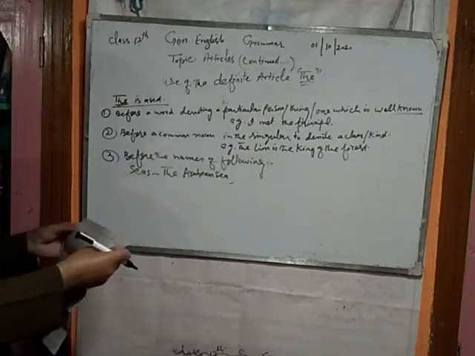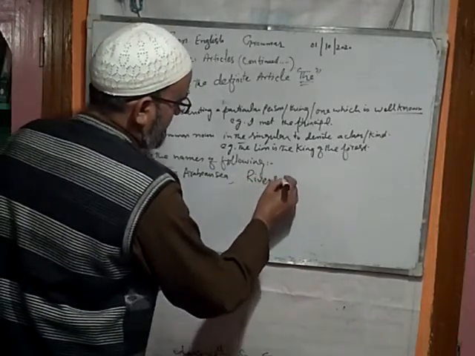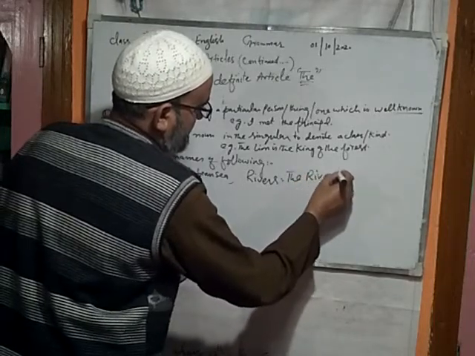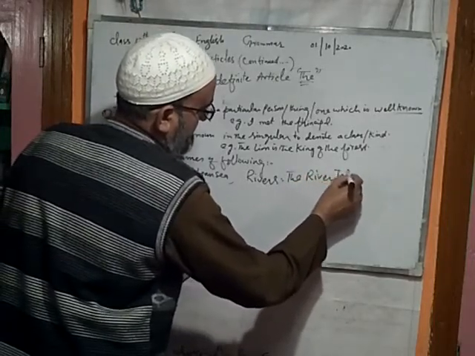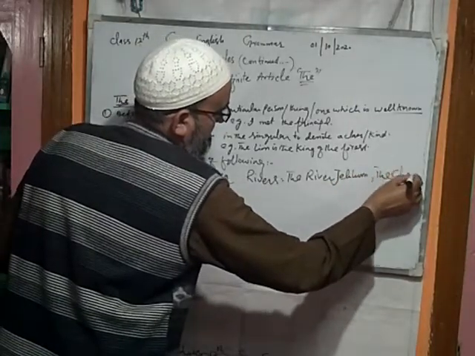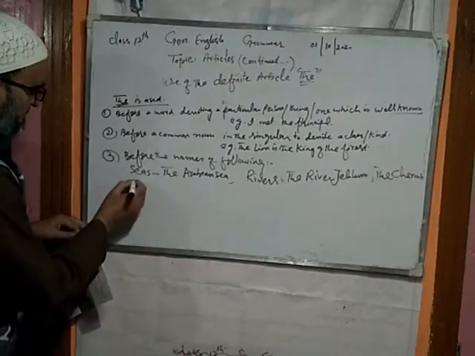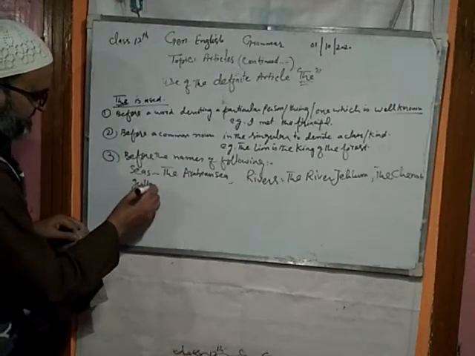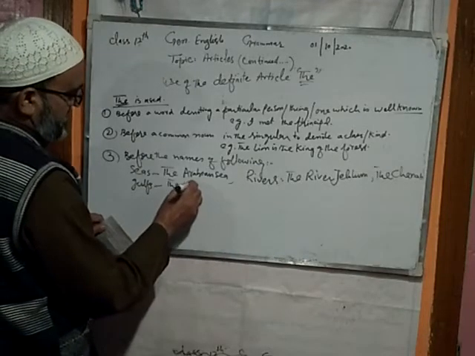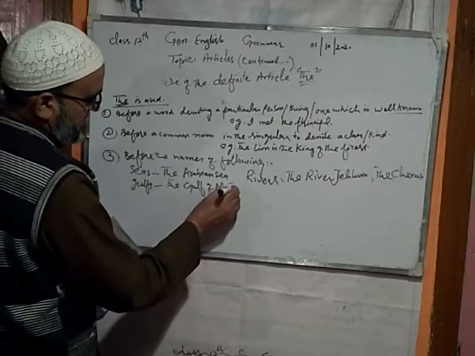Before the names of rivers, for example, the river Jhelum, or the Chenab or the Indus. Before the names of gulfs, for example, the Gulf of Mannar.